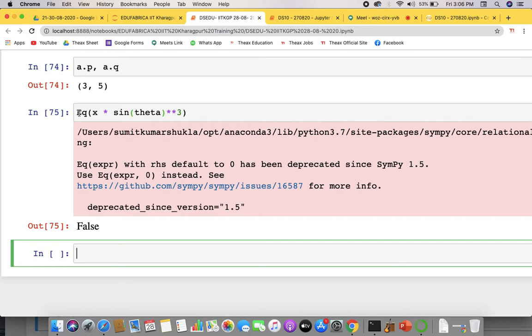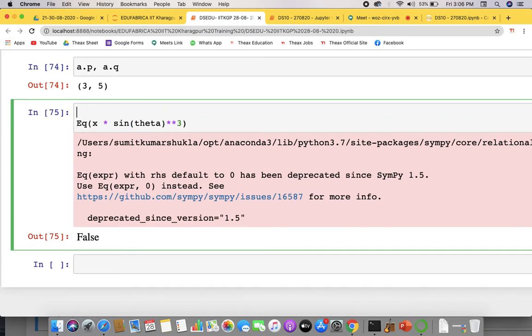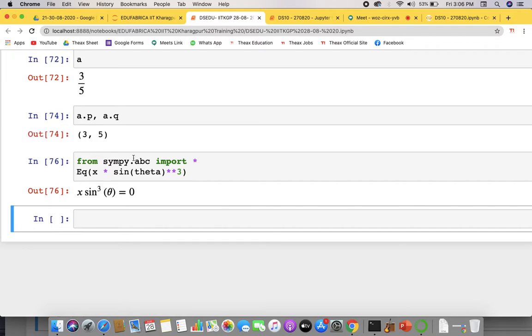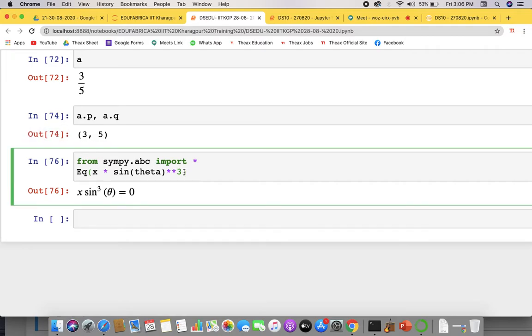We have defined theta, so we'll import again. Okay, fine, working now. So the expression is x multiplied by sine cube theta plus y multiplied by cos cube theta.